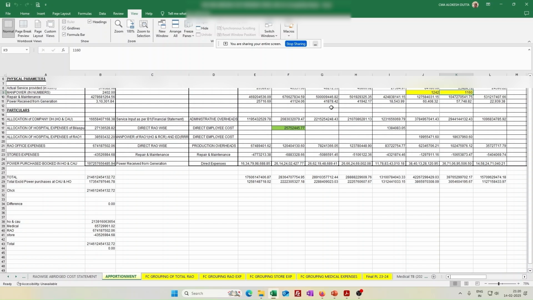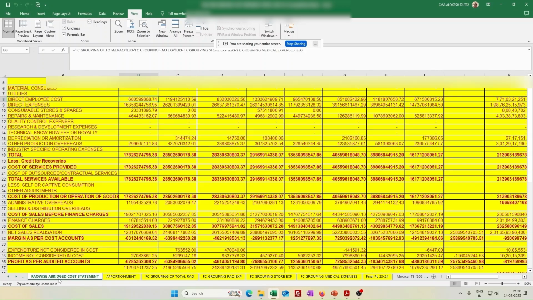These are to be allocated and apportioned to the production cost center, that is RAO, and it has been added here.